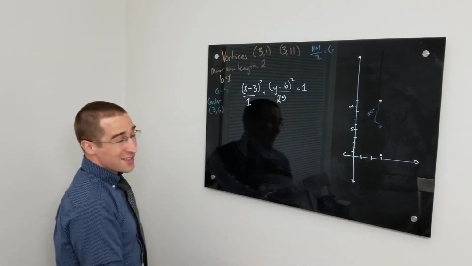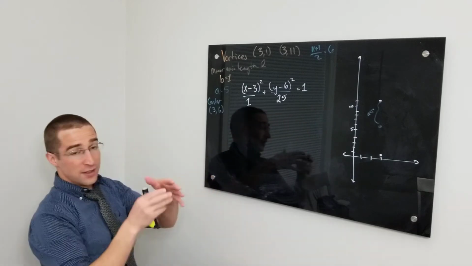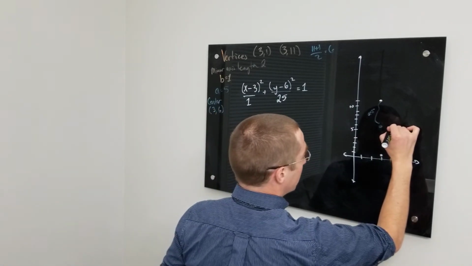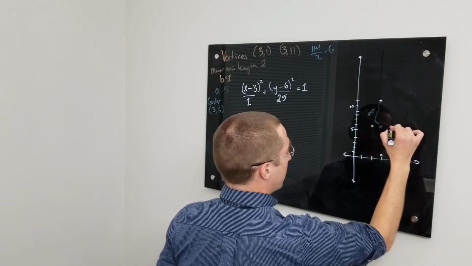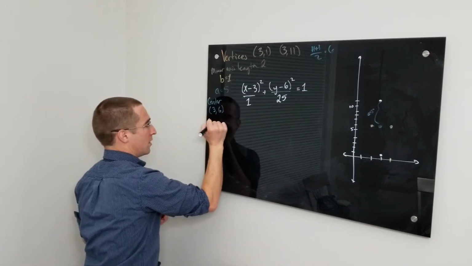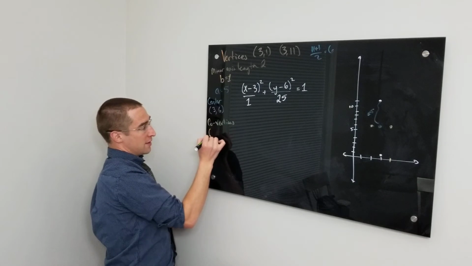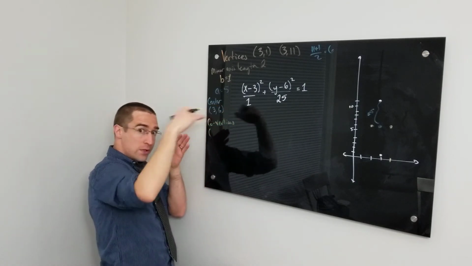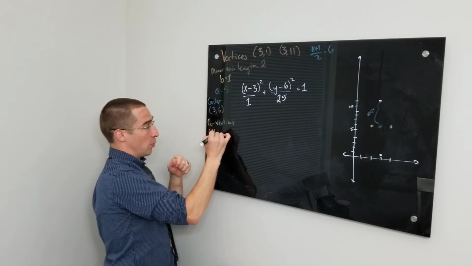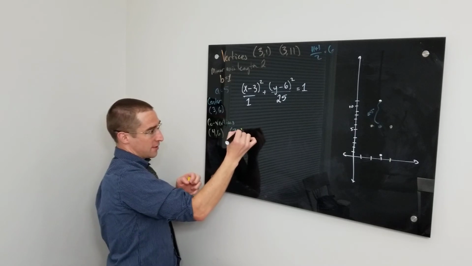We can now easily find our co-vertices. The co-vertices are going to be just 1 to the left and right from the center. They are at the same y number, because we're on that horizontal line, but the x number goes 1 to the right, so 4, 6, and then 1 to the left, 2, 6.